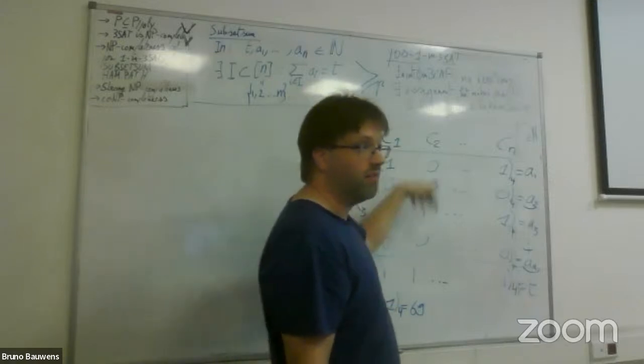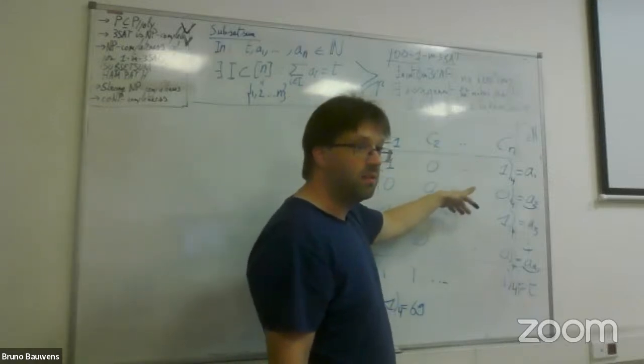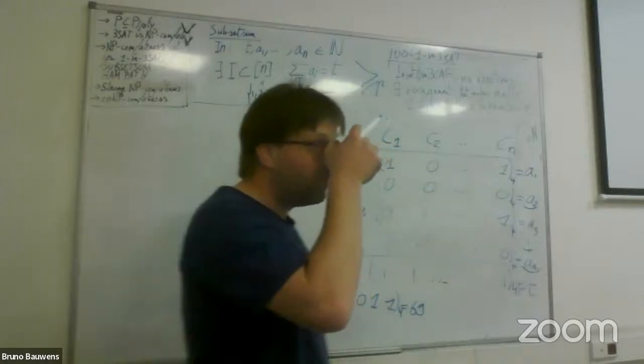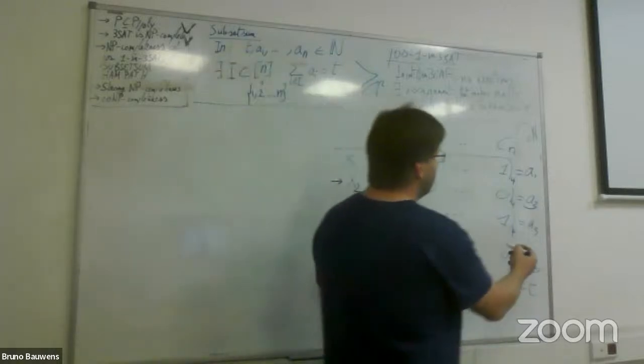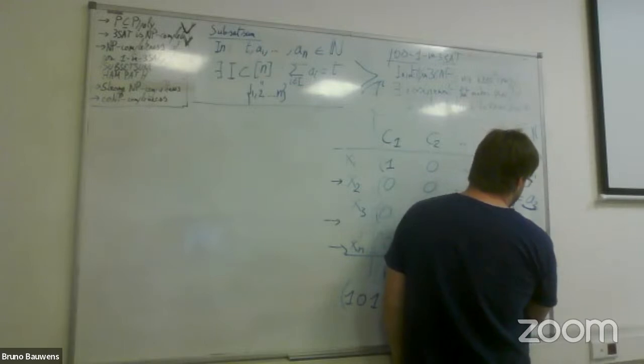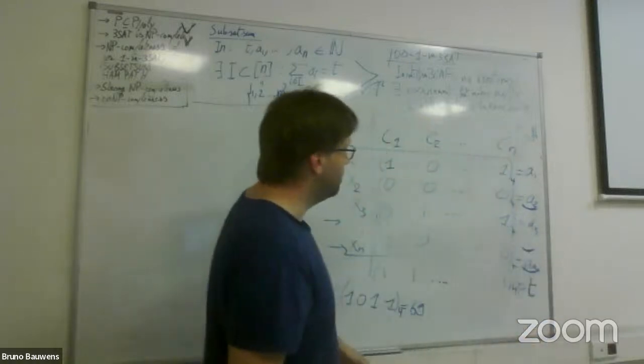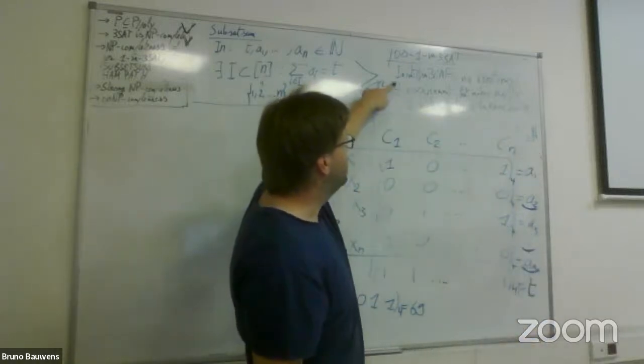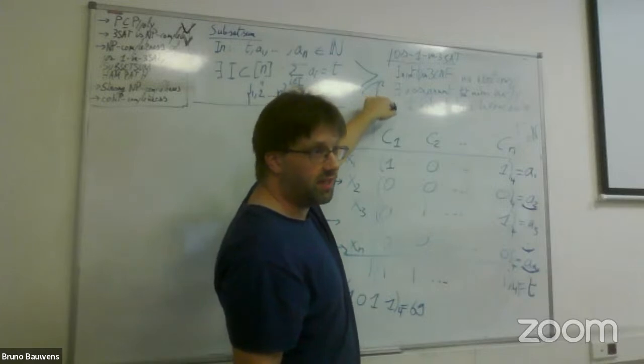We can never have carry bits. Okay, one more time. Imagine there exists a selection of numbers here whose sum is equal to t. I claim that from this we get an assignment that makes in every clause exactly one literal true.